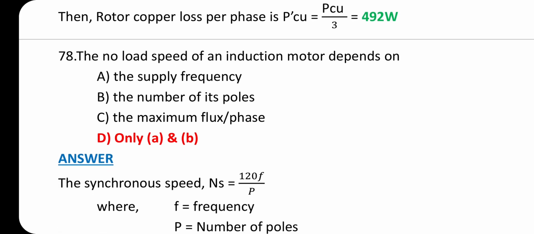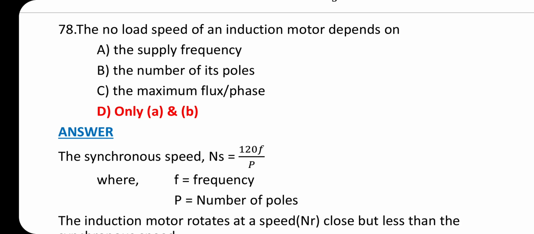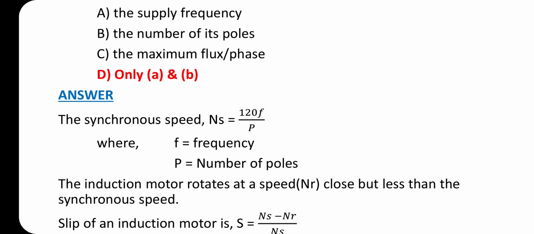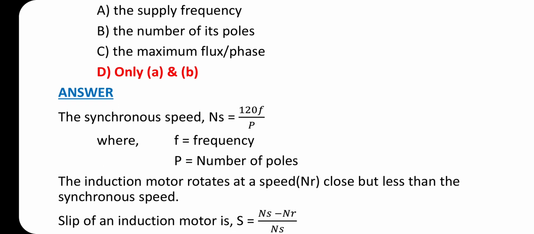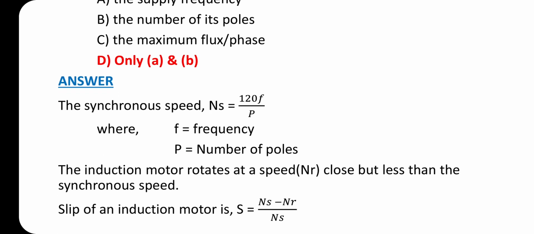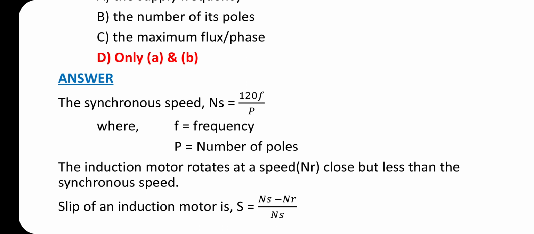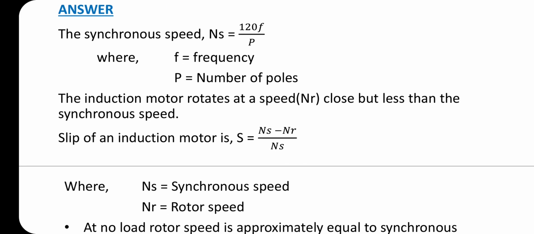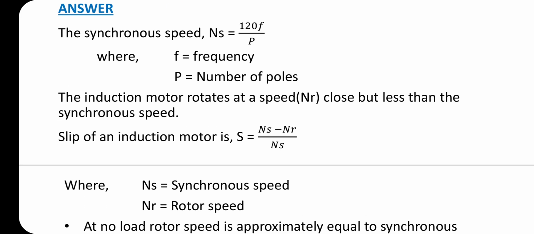Question number 78. The no load speed of an induction motor depends on. Answer is option D, only A and B, that is the supply frequency and the number of its poles. The synchronous speed Ns equals 120 F by P, where F is the frequency and P is the number of poles. The induction motor rotates at a speed Nr close to but less than the synchronous speed.